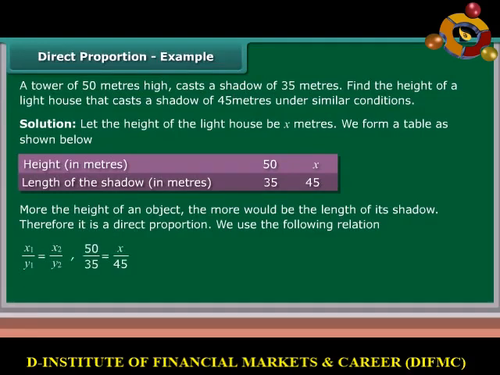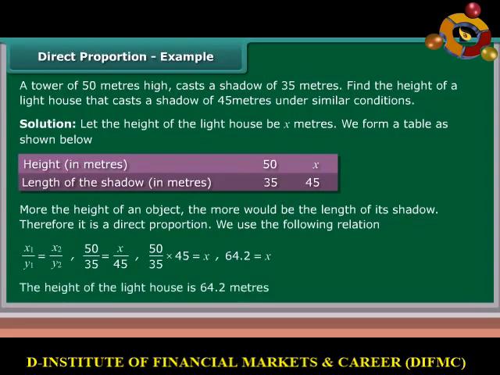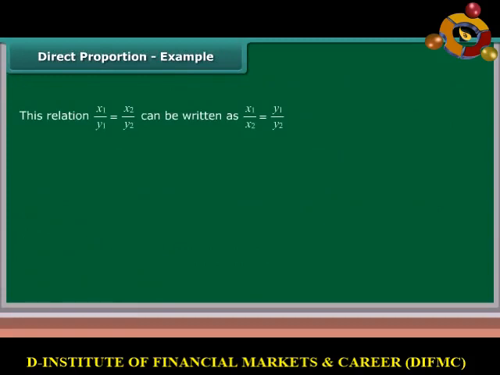50 upon 35 is equal to X upon 45. 50 upon 35 into 45 equals X. 64.2 is equal to X. The height of the lighthouse is 64.2 meters. Or this relation, X1 upon Y1 is equal to X2 upon Y2, can be written as X1 upon X2 is equal to Y1 upon Y2.